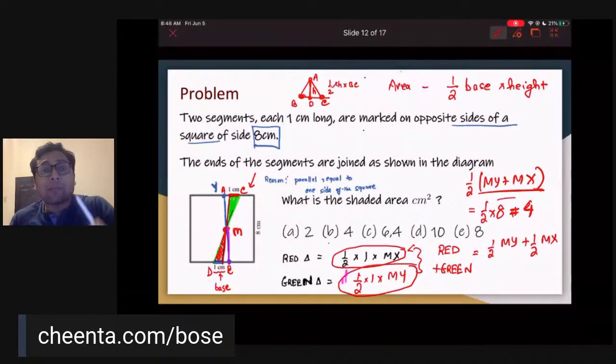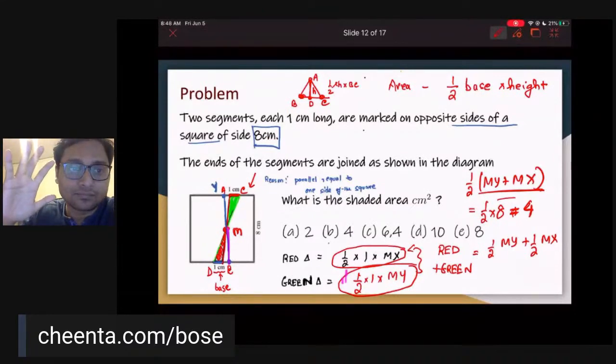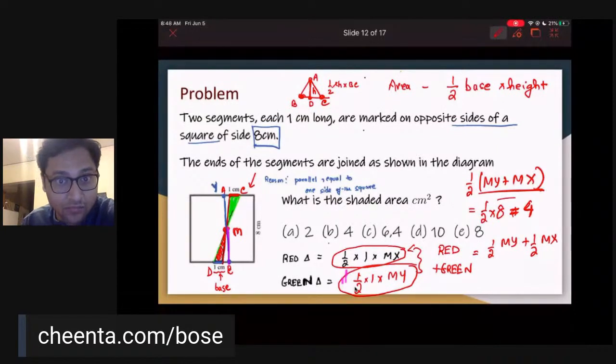Now you have to appreciate the key idea of this particular problem. The main idea of this problem is that you do not need to know the length of MX and MY. You can still do the problem if you do not know the length of MX and MY.